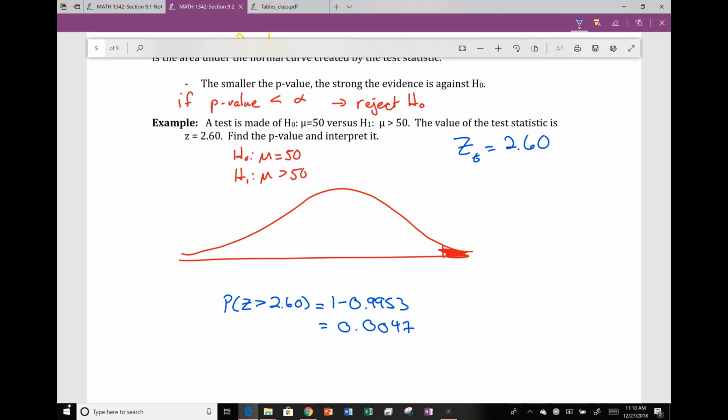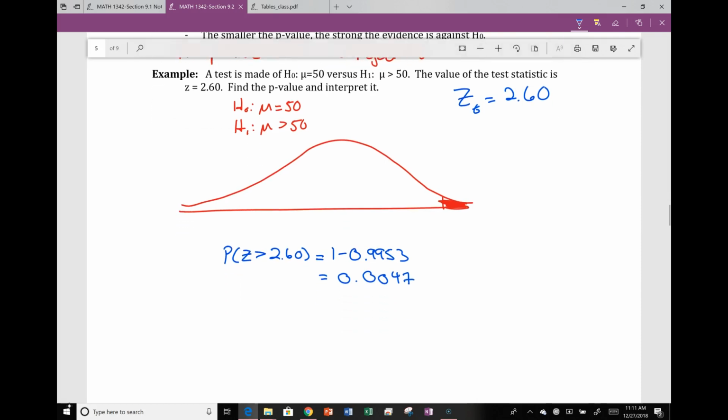Think about normally. For an event to be unusual, it had to be less than 0.05. Is 0.0047 less than 0.05? Yes.